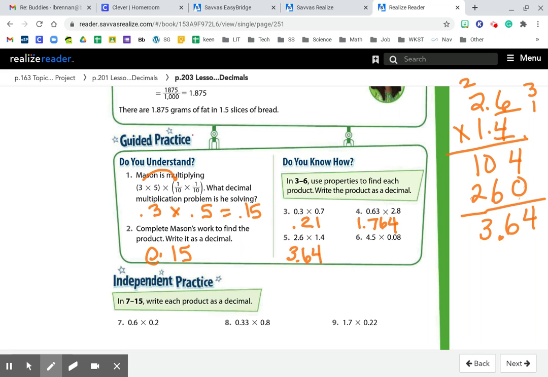And the next one, 4.5 times 0.08. I'm doing 45 times 8, and that is 360. So I know my answer is going to be super small. I've got 3 digits in decimal place value in the problem, so I need 3 in the answer.